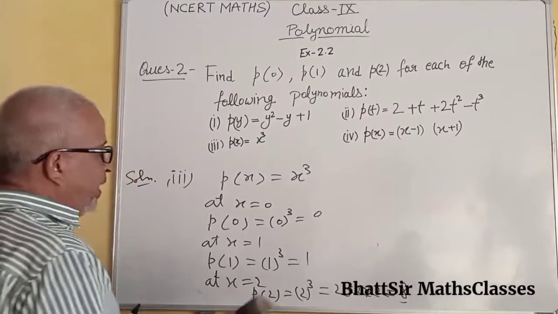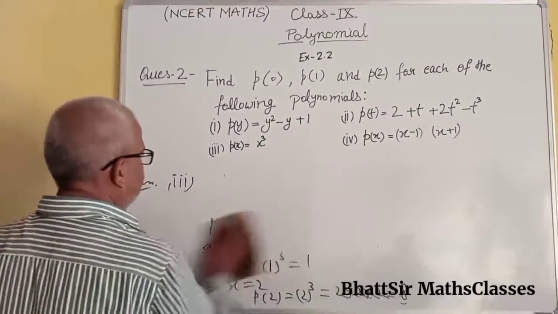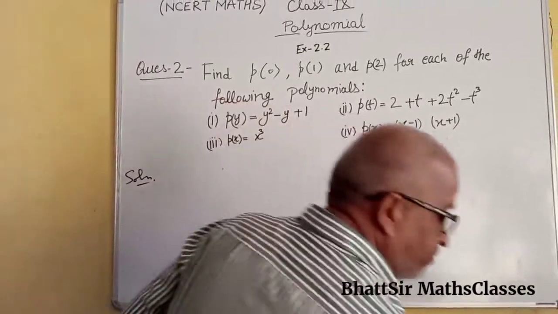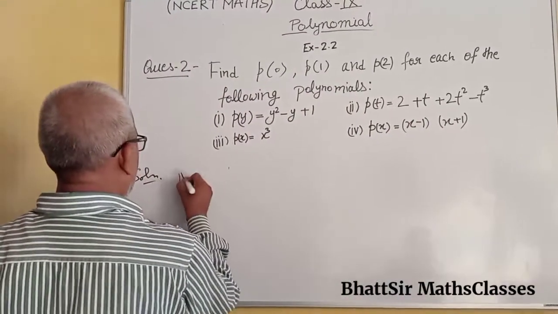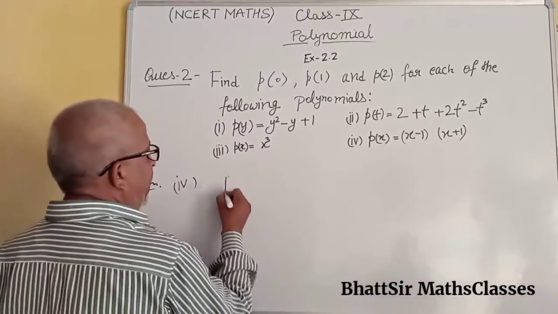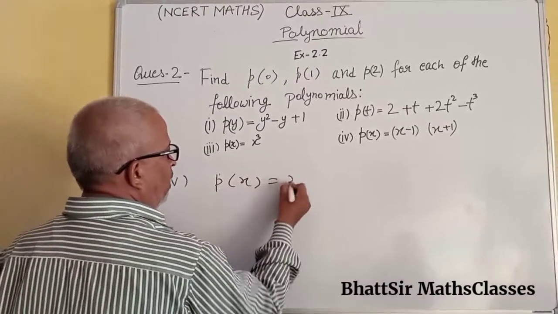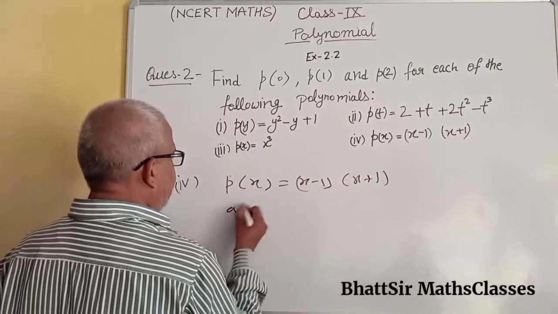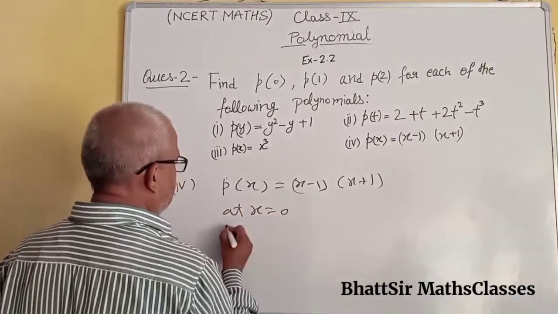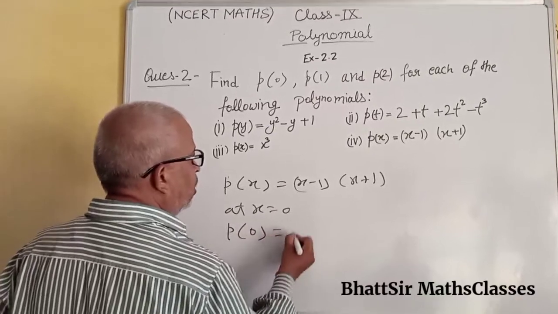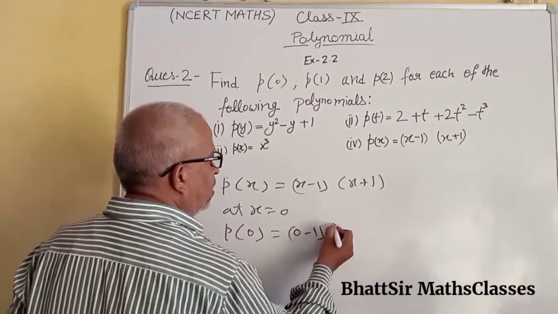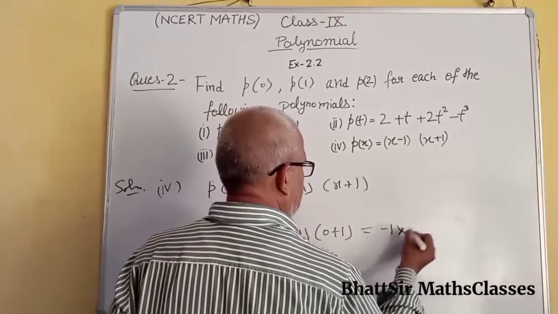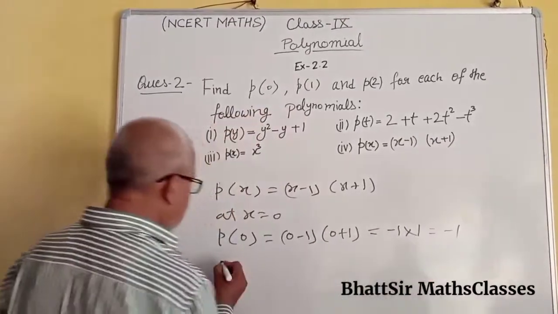Now I am attending the fourth part. P(x) equal to (x minus 1)(x plus 1). At x equal to 0, P(0) equal to (0 minus 1)(0 plus 1) equal to minus 1 into 1, equal to minus 1.